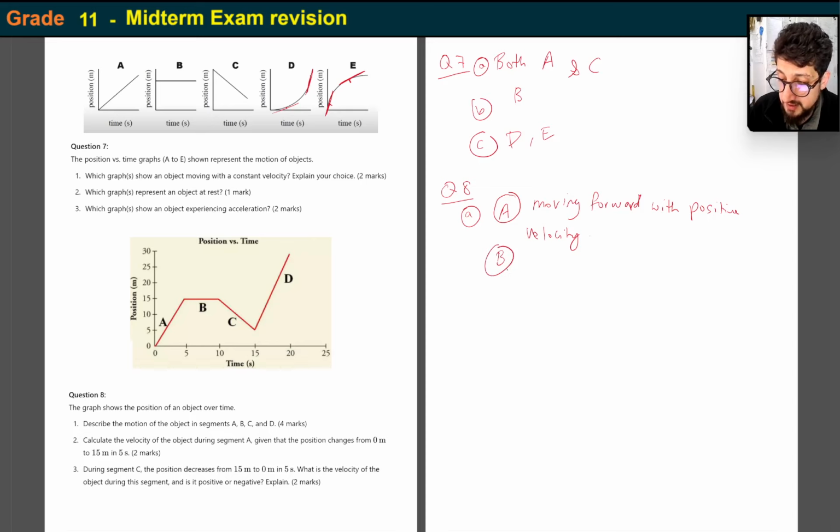Part B is stationary at 15 meters. So it's not moving, it just stopped for about 5 seconds. Part C is moving backwards, and I would say, so that's negative velocity.